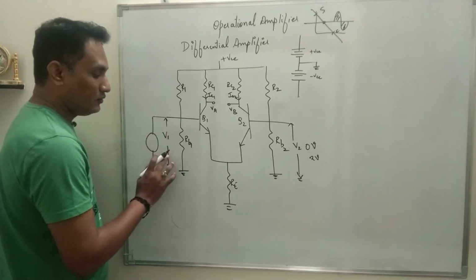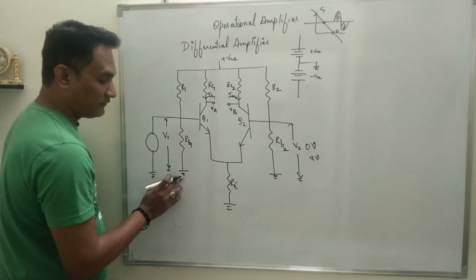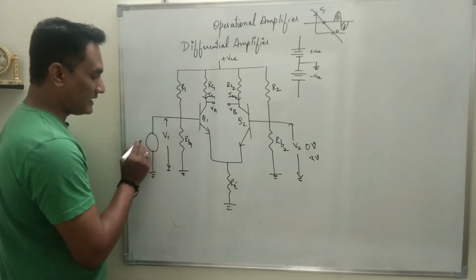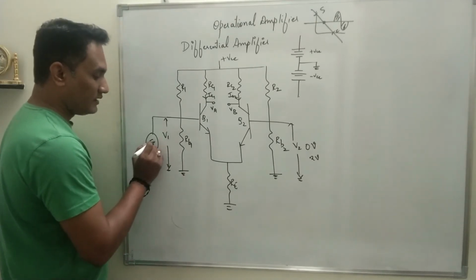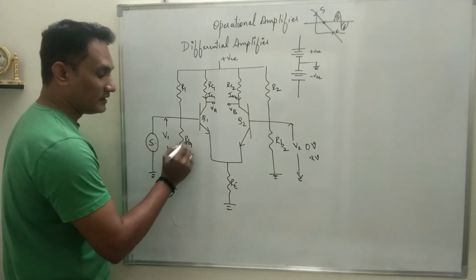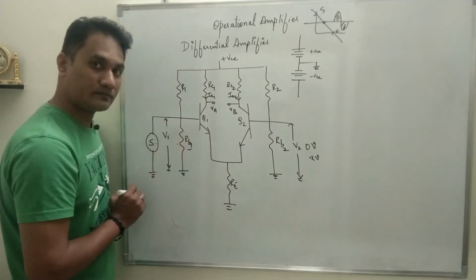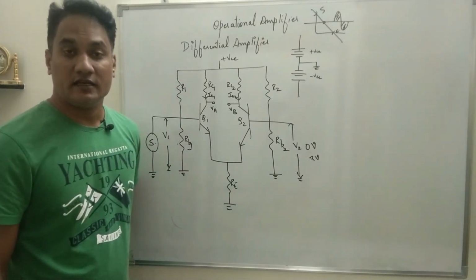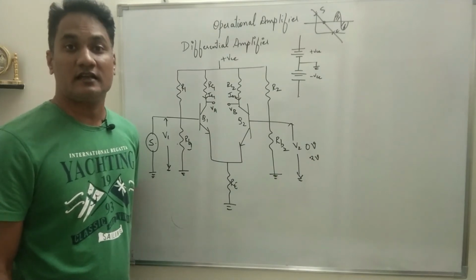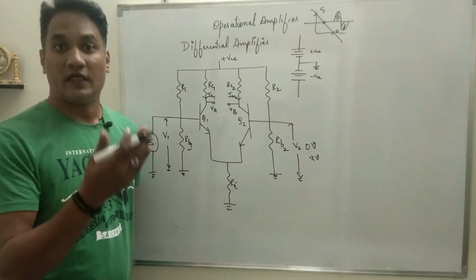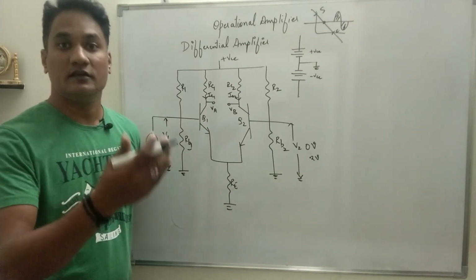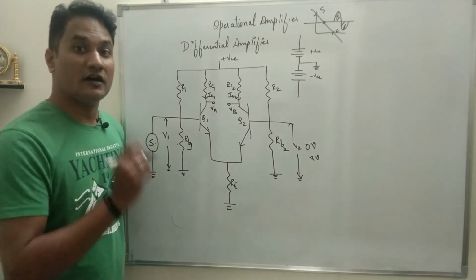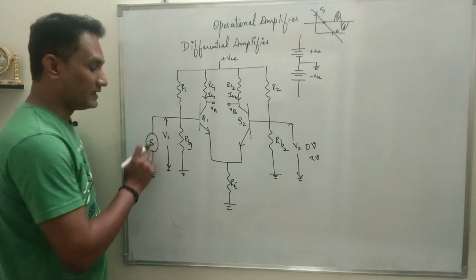If a common ground is not used and a normal circuit ground is used, then as soon as a source is connected, this source comes in parallel with the biasing resistance RB1. Whenever a source is designed, we have to make sure that the output resistance of the source is low.